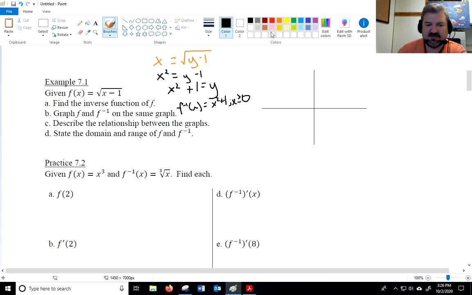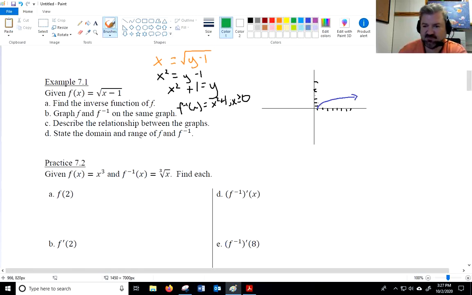All right, let's graph these two functions. So f of x equals the square root of x minus 1. It's a square root function, but it's shifted 1 to the right. So I'll just move it over here, and the square root goes up 1 over 1 and then kind of makes this sideways parabola.